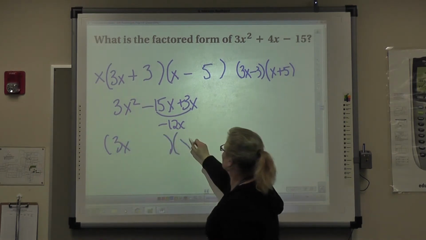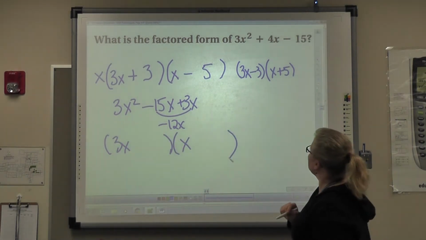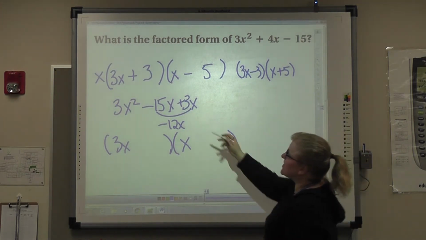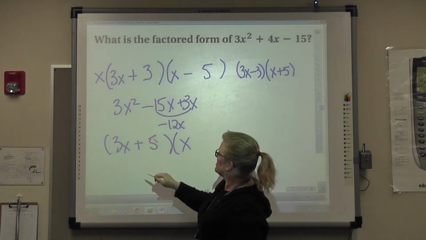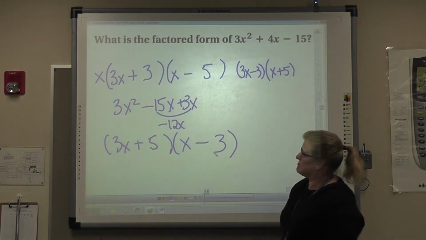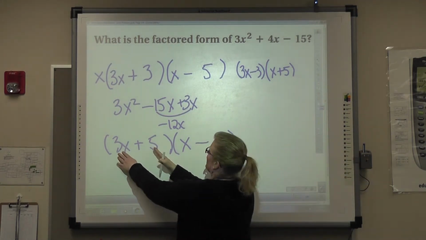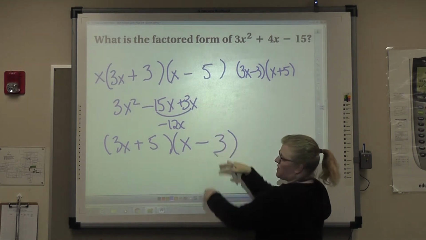3x and x. We know it's got to be that. Now let's try a plus 5 here and a minus 3 here. So now the 3 and the 5 are together, and then there's a 3 by itself right here.